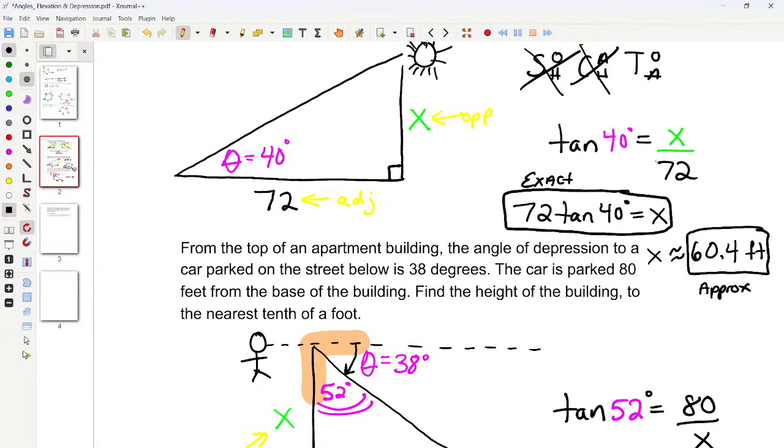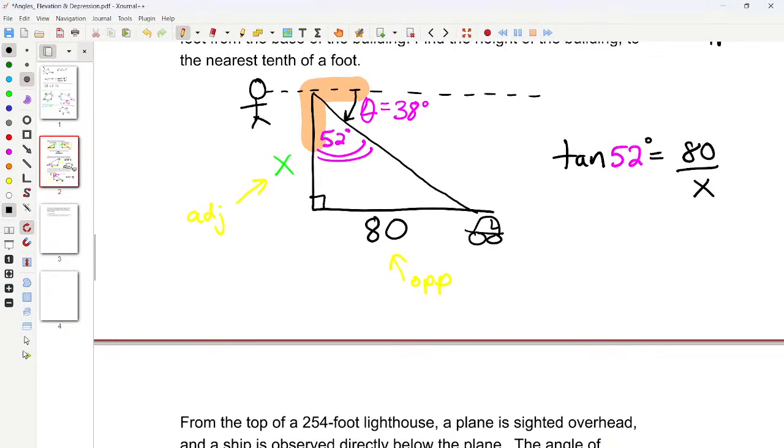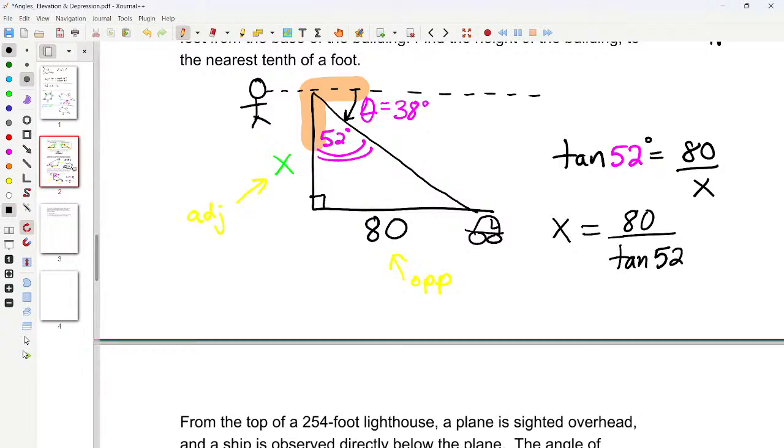This was one step. We multiplied by 72 and we were done. Calculator time. What two steps do we need to do here? Well, we're going to multiply both sides by x. Cool. Now it's out of the denominator. But then our second step is to divide it by tan 52. If you can recognize that, instead of making this a minute long, just do it in one step. Multiply by x and divide by tangent 52. And there's your exact answer.